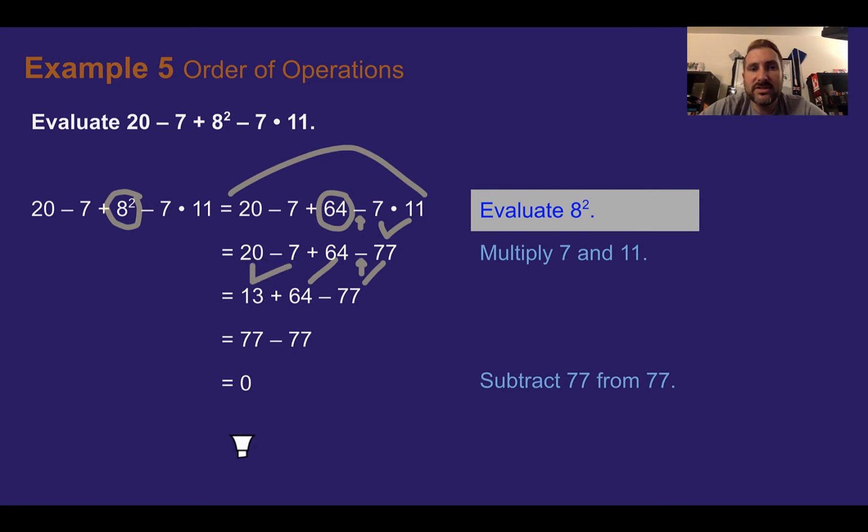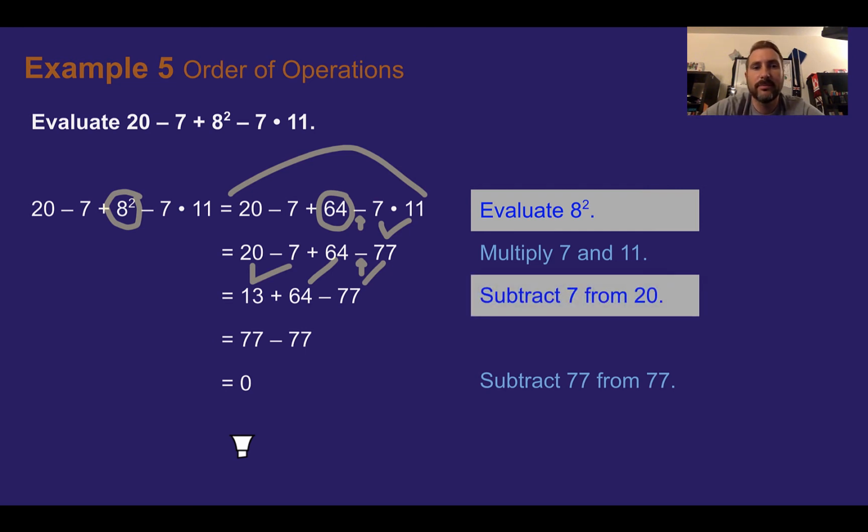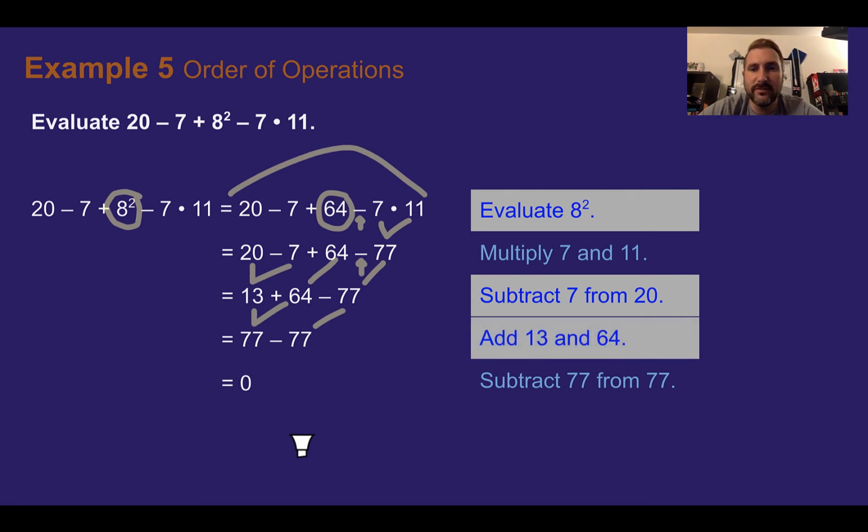They must have subtracted 7 from 20. 20 minus 7 is 13. Now, we're checking again. That 77 at the end is still there. Here they must have added 13 and 64. And then finally, they gave us our step already. We're subtracting 77 minus 7 is 0.